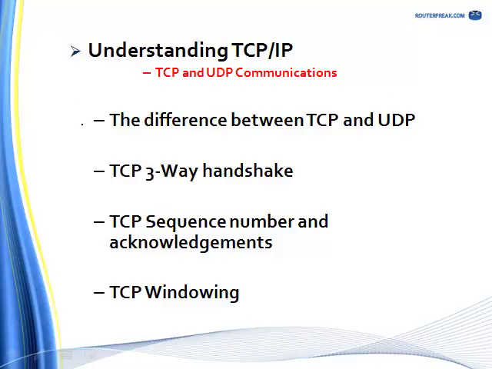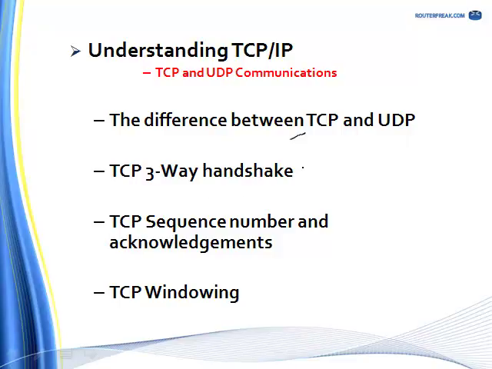Today we went over the differences between TCP and UDP, and what were they? TCP is considered connection oriented, it's reliable, right? And it also uses what's called a three-way handshake. UDP, on the other hand, is connectionless, and it's considered unreliable.